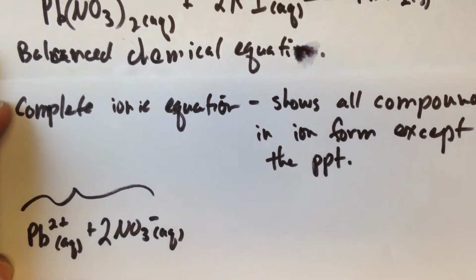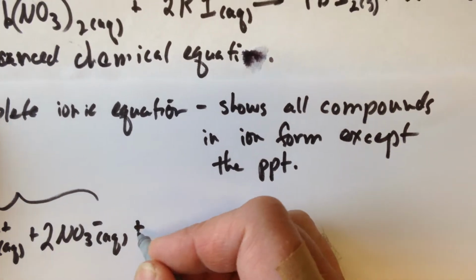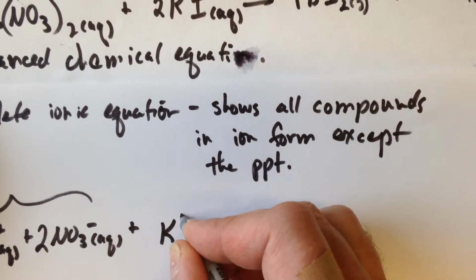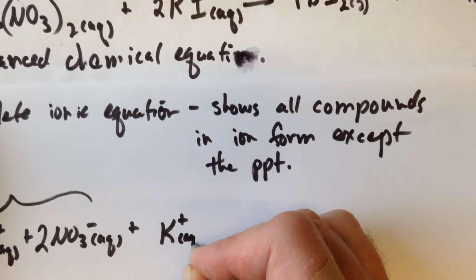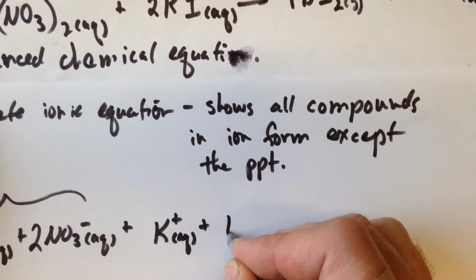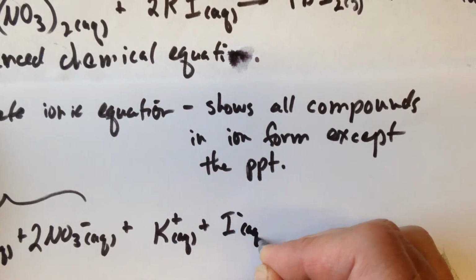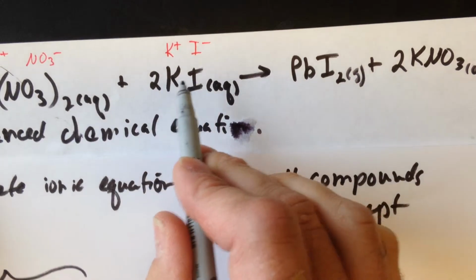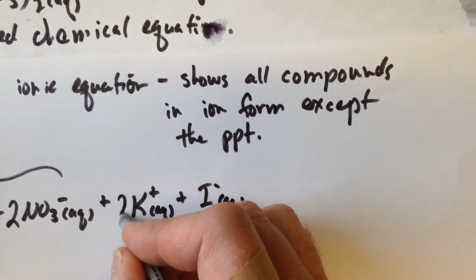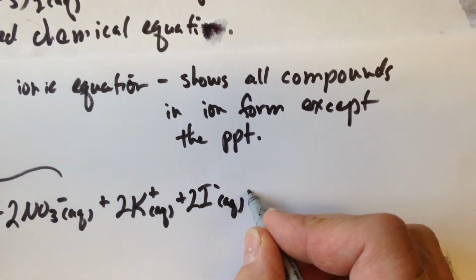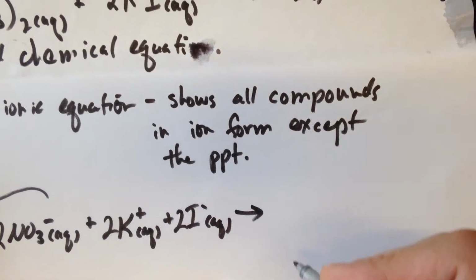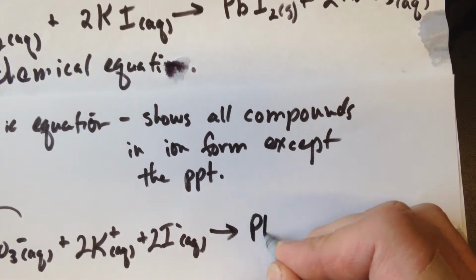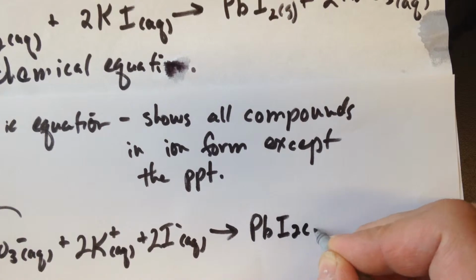So that is my lead nitrate section, combined with potassium iodide, K plus, AQ, and I minus, AQ. If I look up here, I had 2 potassium iodides, so that means 2 Ks and 2 Is. Yields, now my precipitate, I just rewrite it as is and leave it together.